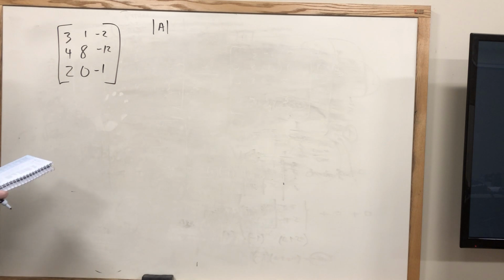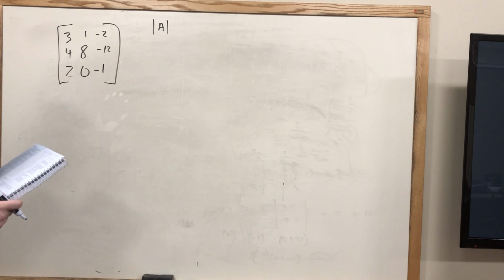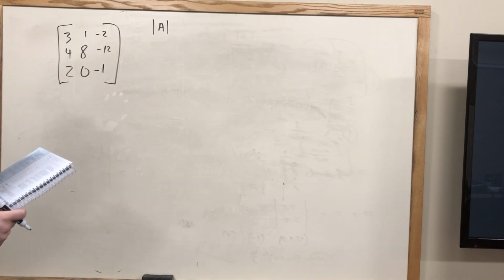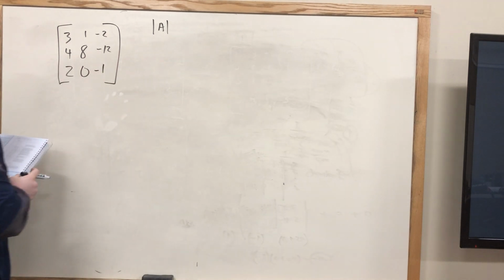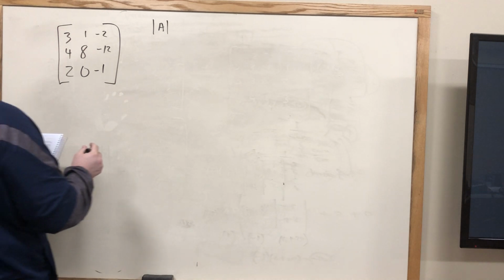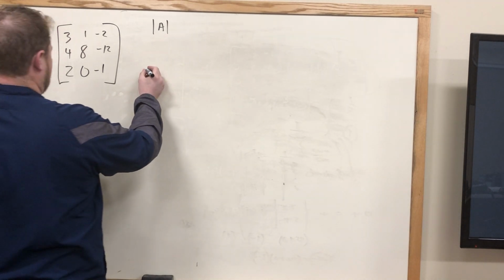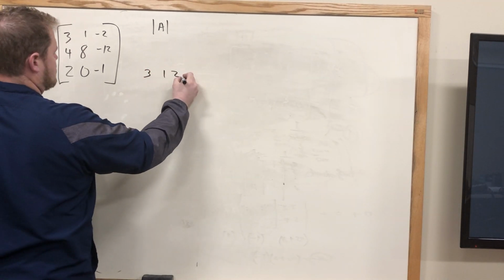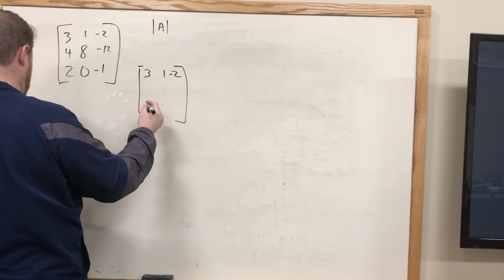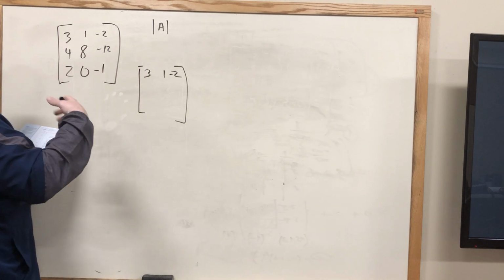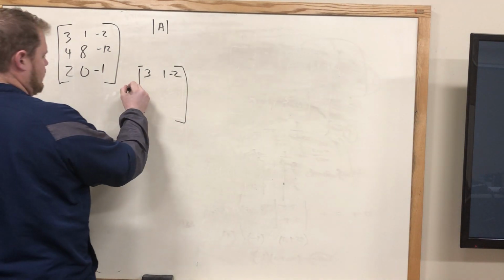Okay, first step, I'm going to divide through by 1, this here, right? I want to get rid of this one, okay? So what's going to leave me? 3, 1, negative 2. And I have to keep that 4 all the way through, okay?